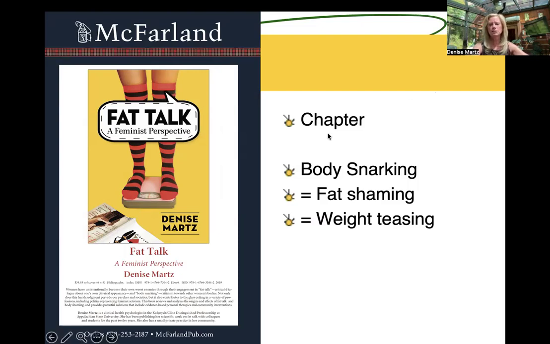So body snarking is when we fat shame others or we weight tease others. And with fat shaming and weight teasing, women and girls are more likely to be victims of that than boys and men. I even write in the chapter about how when men versus women are running against one another in politics, the man is usually asked by media about his accomplishments and his goals if he were to get into office.